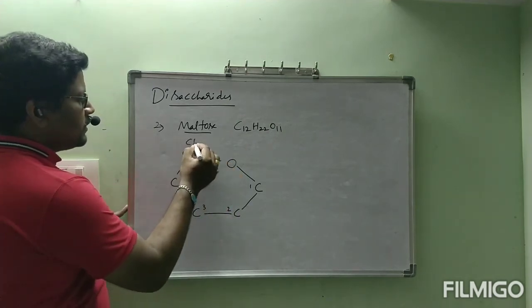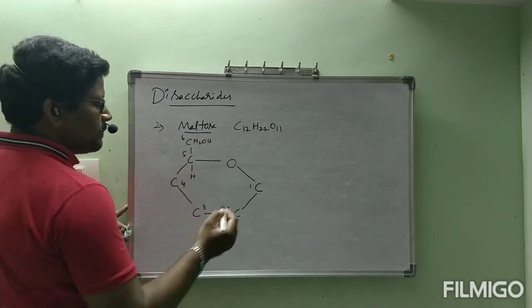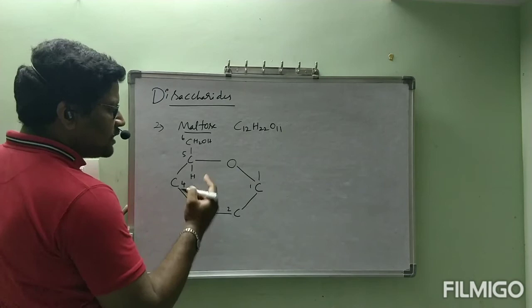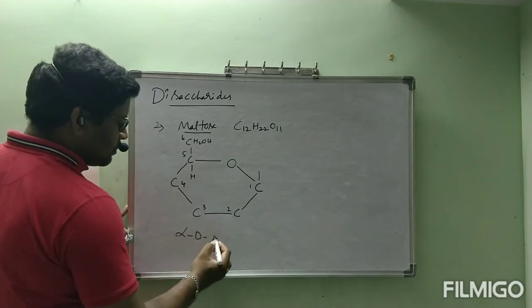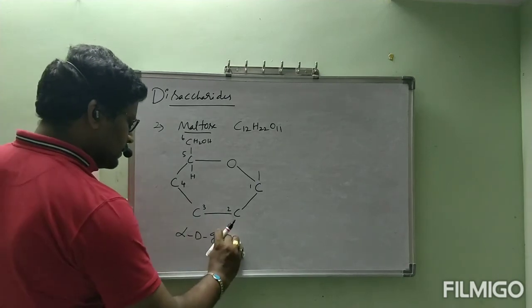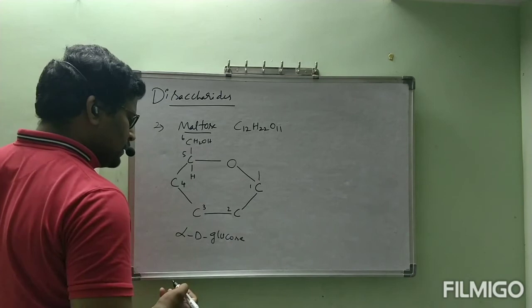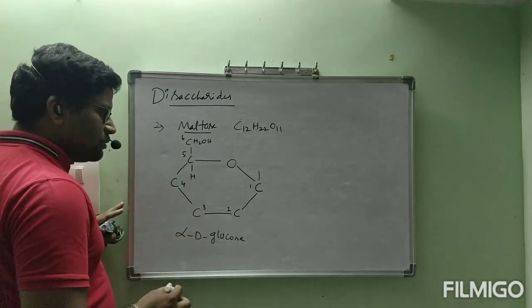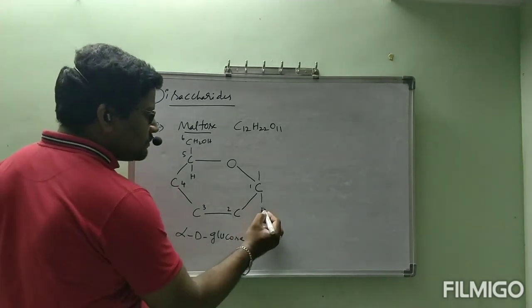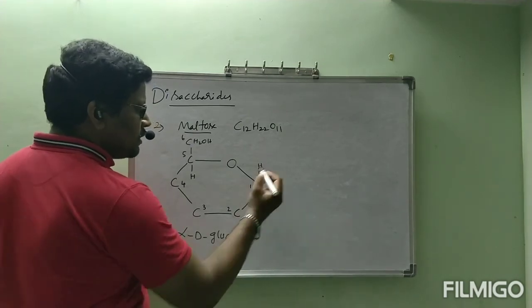This carries CH2OH, the sixth carbon, and H. This is alpha D glucose, no? Alpha D plus glucose, no problem. Definitely the OH must be below, and the H will be above.